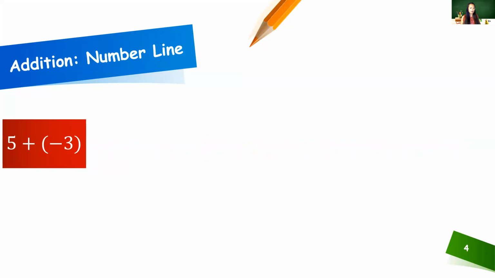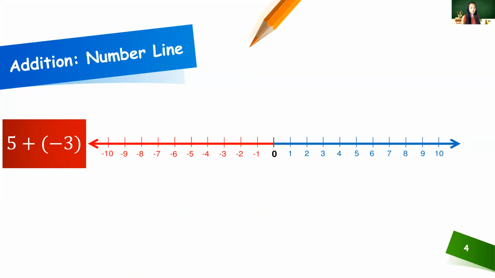Okay, now what if you have 5 plus a -3? Same concept, we'll locate 5, which is on the right-hand side where the positive numbers are. And we are going to add -3. What does it mean to add -3 on a number line?